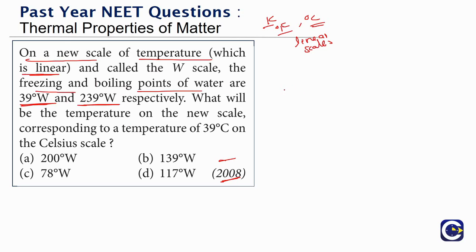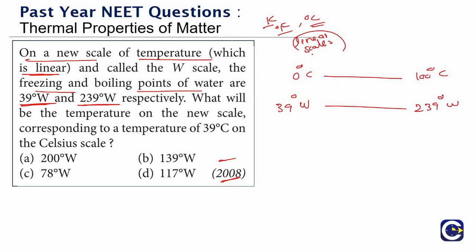So what is the freezing point on the new scale? It is 39 degree W. So this is a different unit. And the boiling point of water is 239 degree W. For a normal Celsius scale, it will be 0 degree Celsius and 100 degree Celsius.